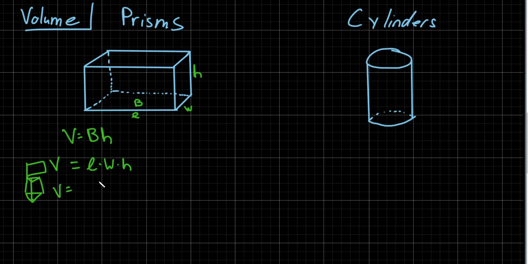That was worse. Okay, what is my base in a triangular prism? A triangle. And what do we say was the area of a triangle? What's that formula? Yeah, so this is now 1/2 base times height times the height of the prism. So let's call it big H.